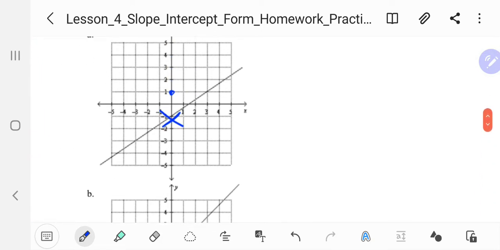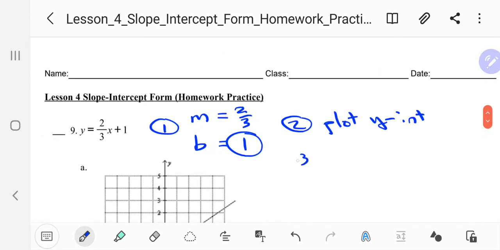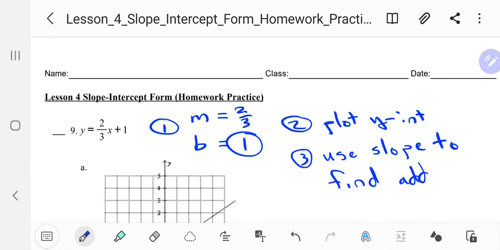So now our last step is to use slope to find additional points. We have a slope of 2/3.